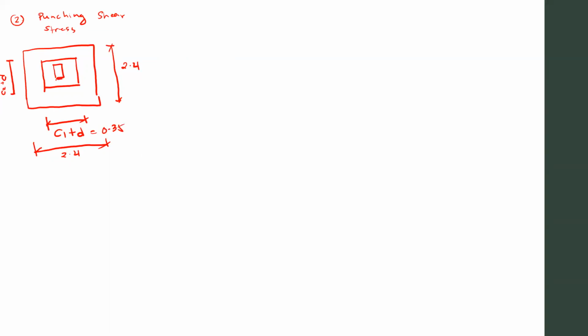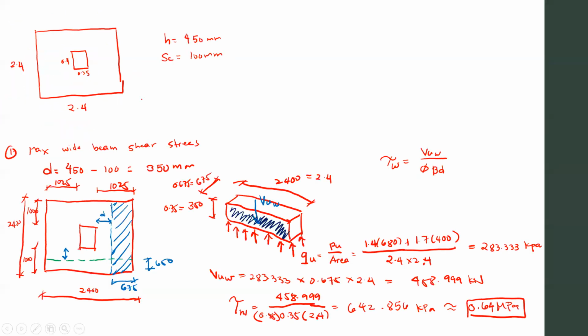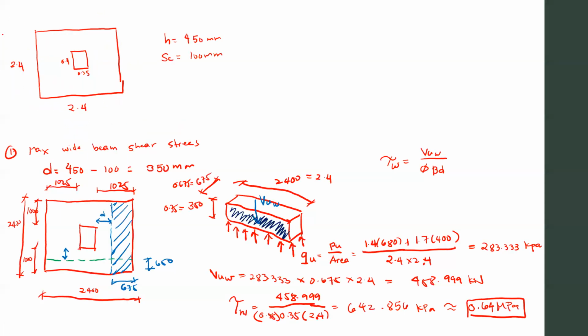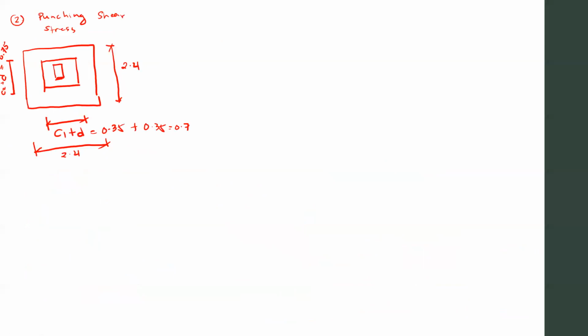Ito yung length na to. Plus mo ng effective depth. Your effective depth is 0.35 din. Okay, that is 0.7. And yung kabilang side, that is 0.35 plus 0.4, that is 0.75. Okay? Tama ba? 0.35, 0.4. So that is 0.75.